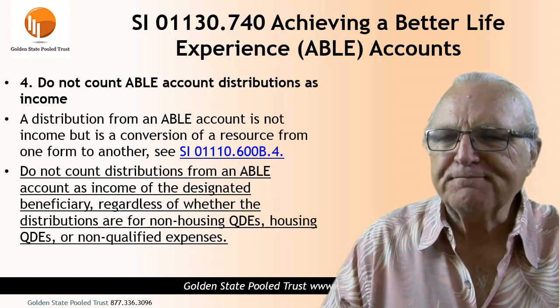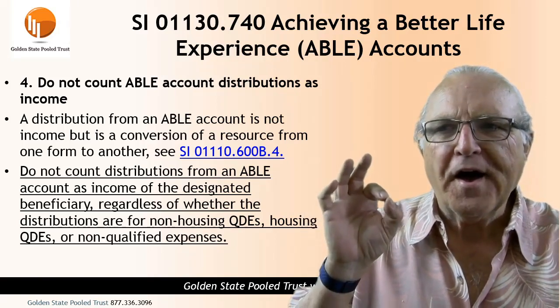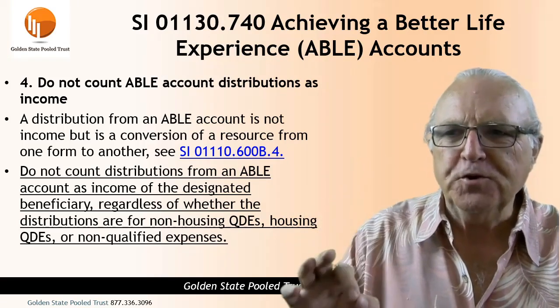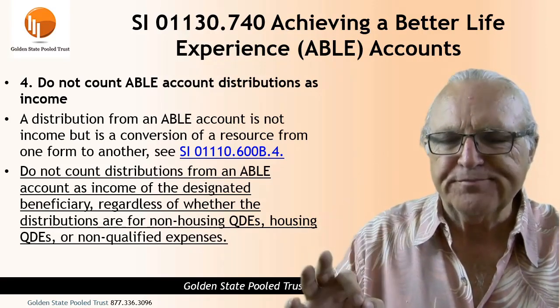Going back to this, this is the advice I give people. If you can pay for the food comfortably out of the SSI, that is the safest thing to do. Okay?